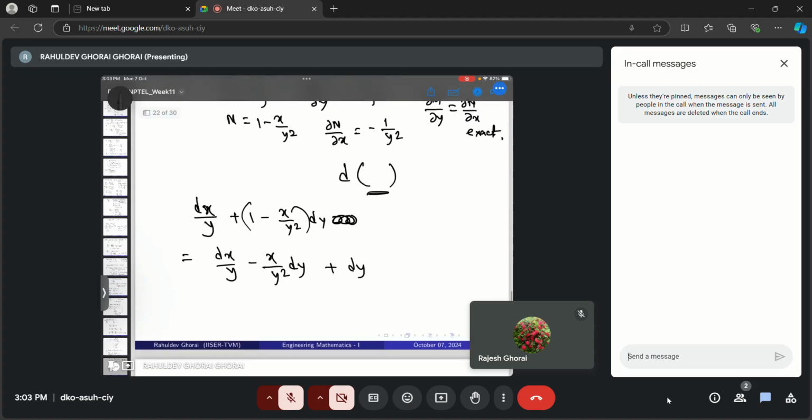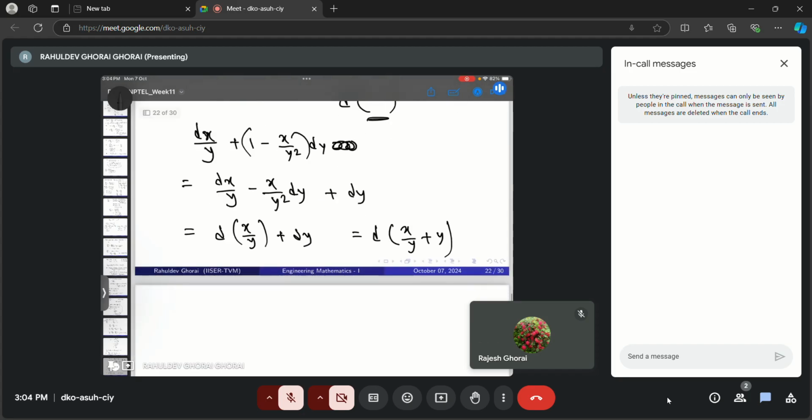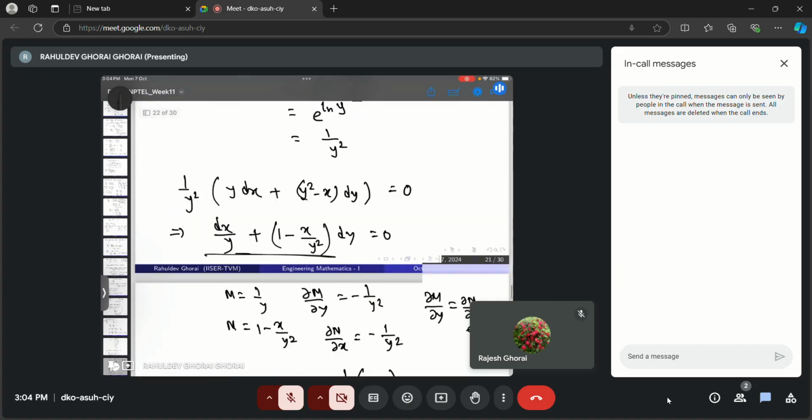Can't you write this as d of x over y? The first one will be d of x over y, and the second one will be x times d of 1 by y, which is minus 1 by y square, plus d of y. So that is nothing but d of x over y plus y.